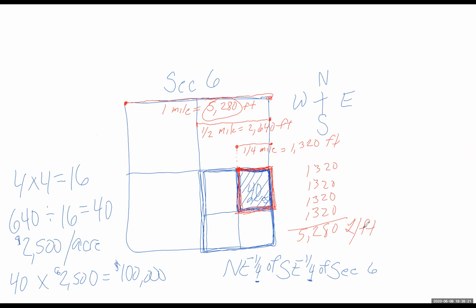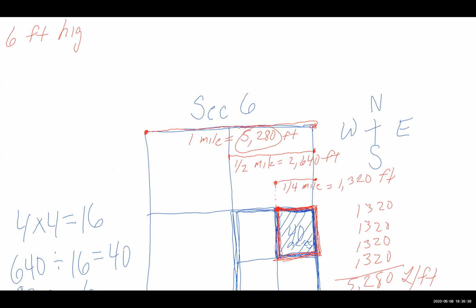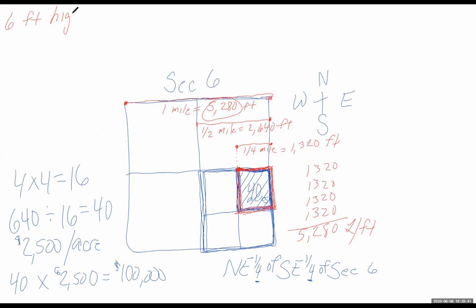Since we have room up in the top left-hand corner of the screen, we're going to write up here. I'm going to tell you that this fence is going to be 6 feet high. Whoa, 6 feet high.